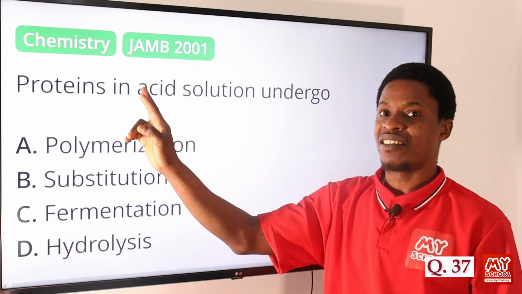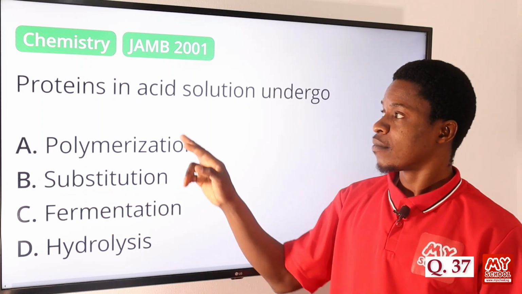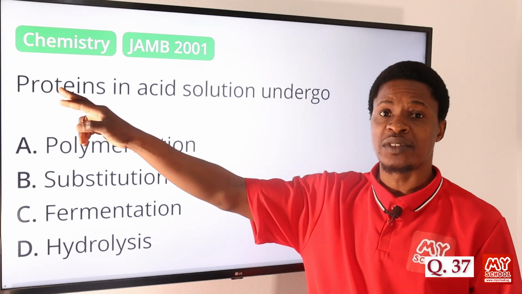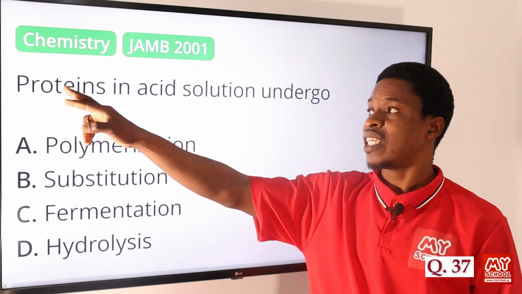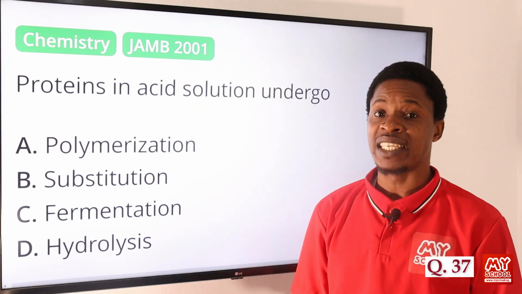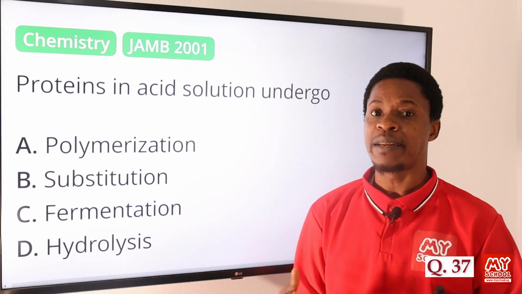But this is a reaction between what? Protein and acid. And then we have a substitution reaction, if the acid is going to substitute, maybe the hydrogen is going to get substituted into the protein. Of course, the end product of protein is actually amino acids, and the amino acids are linked together by what we call peptide bonds.